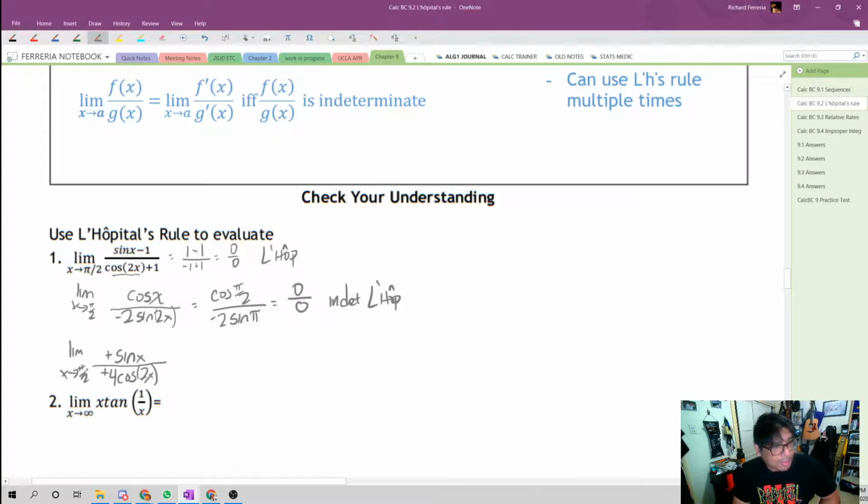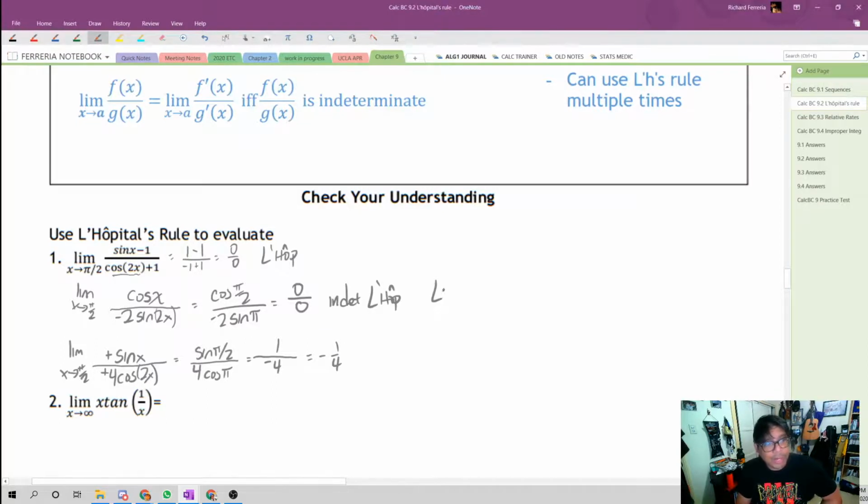If I substitute pi over 2, sine of pi over 2 is on the numerator, and the denominator is 4 multiplied by the cosine of pi. Sine of pi over 2 is 1. Cosine of pi is negative 1, so that's negative 4. So that gives me negative 1/4 as the limit.